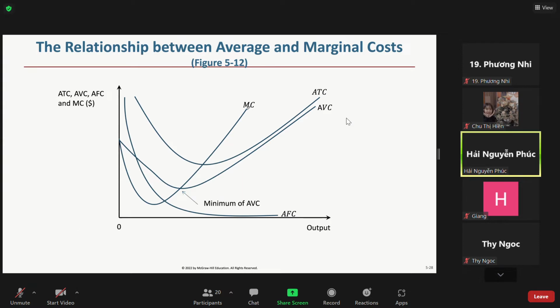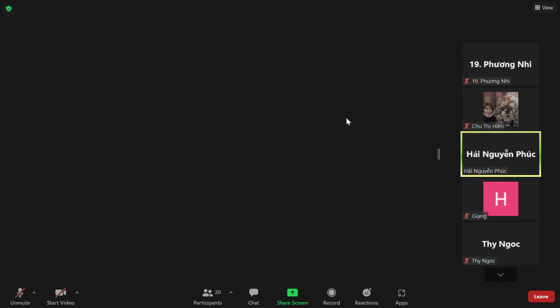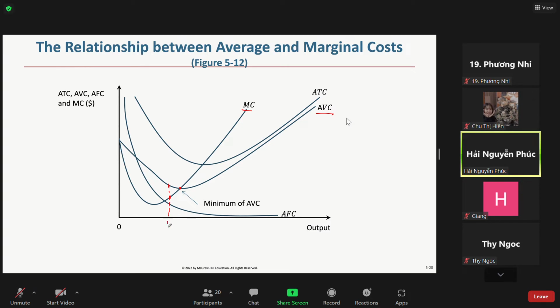On this graph, the MC curve crosses the AVC curve at this point, and it is the point of minimum AVC. It means that when MC is smaller than AVC, yeah, for example, at the quantity of Q1, MC is here, right?